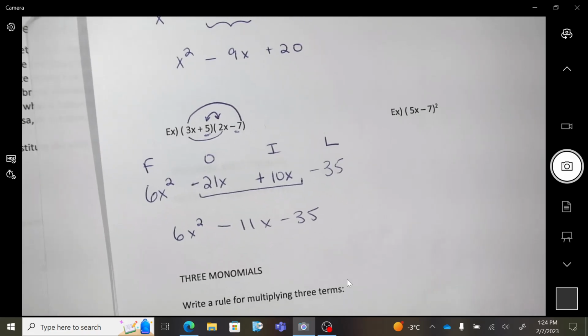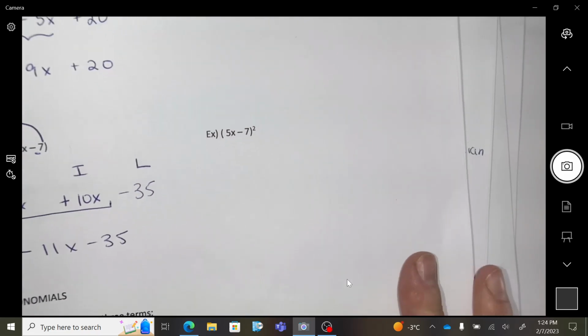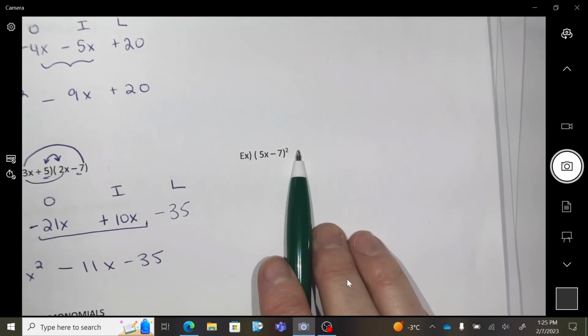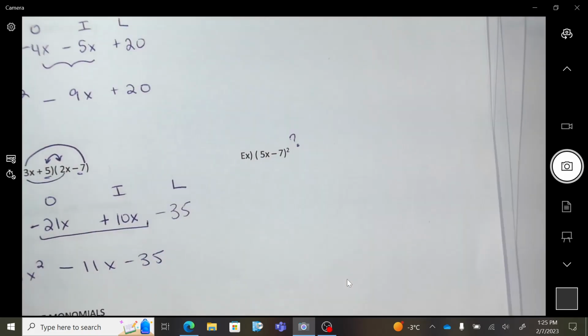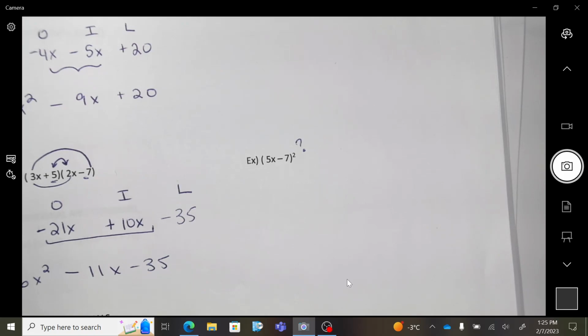Okay, so foiling. Last example of the foiling. So this one says I should do this binomial squared. What does squaring something in math mean to you? Multiplying it by itself twice.